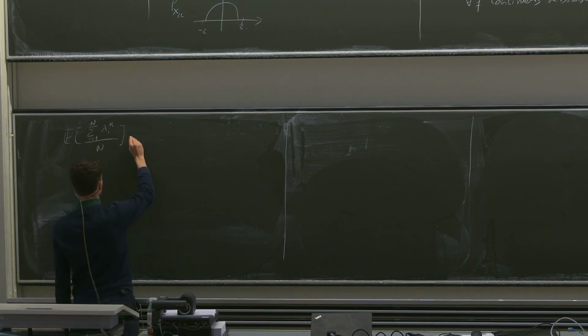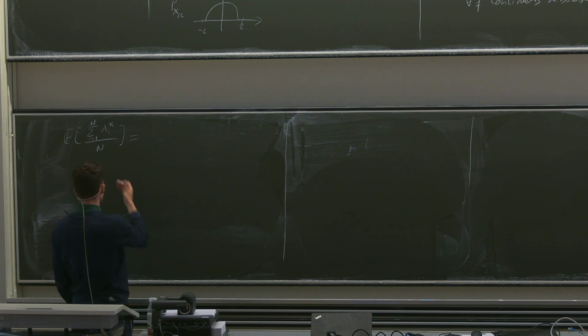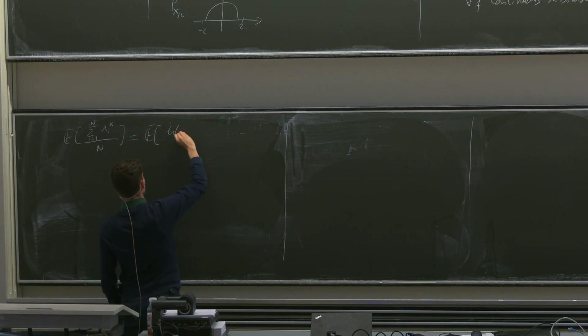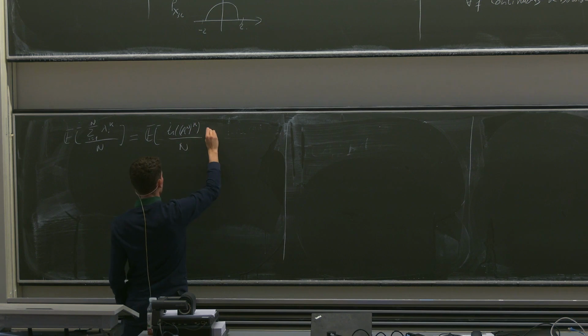And then what is this equal to? Again, the lambda i to the k are going to be the eigenvalues of An to the power k. And since An to the power k is symmetric, this is going to be equal to the trace of An to the power k. So this is equal to the expectation of the trace of An to the power k, divided by n.